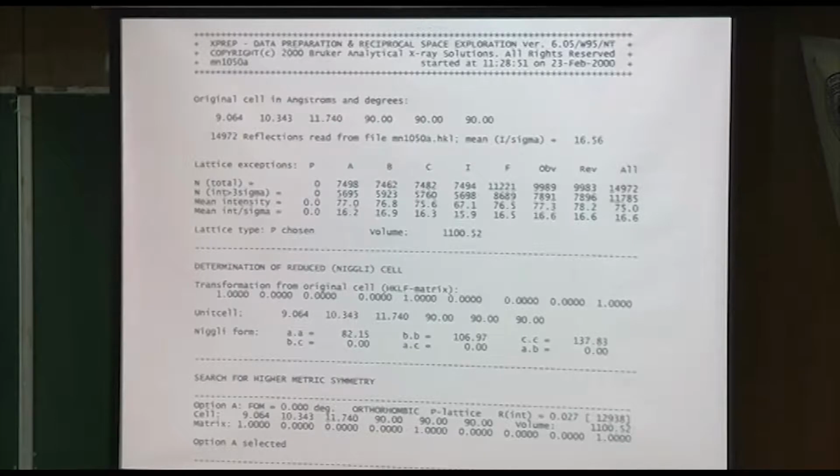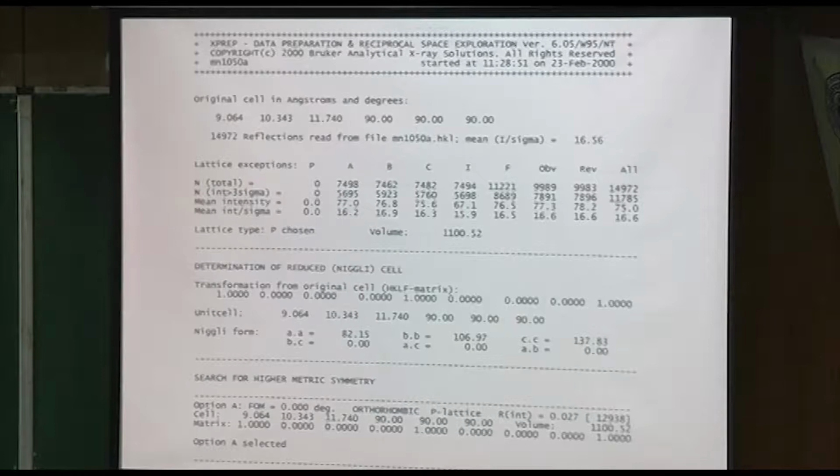All reflections must be omitted because that's the extinction for a C lattice, and so on and so forth. So in this part, you want to look for the thing that's all zeros because there's nothing to throw away. You don't want to throw away a ton of your data. That's throwing away half the data, right? And then the mean I over sigma for those that would be thrown away, and the mean intensities. So you would be throwing away really good data if you selected any of these special lattices.